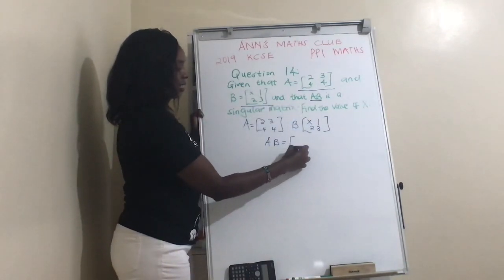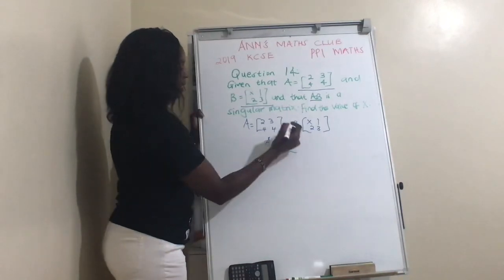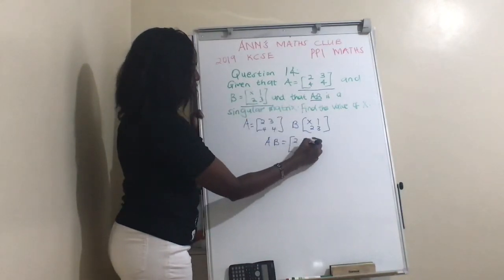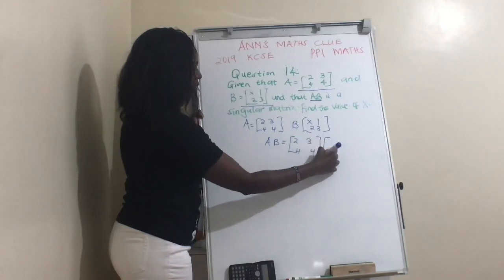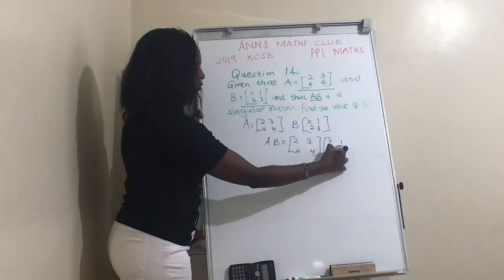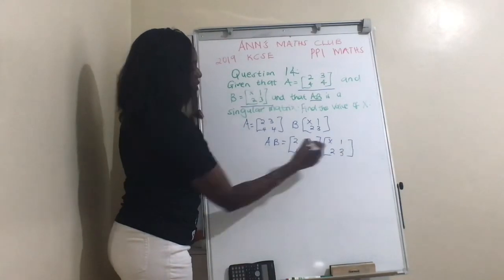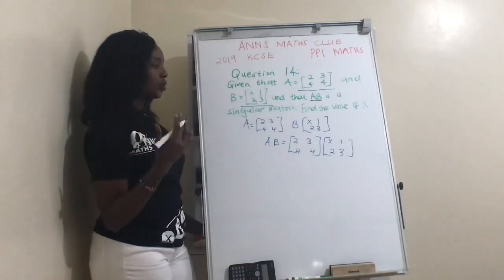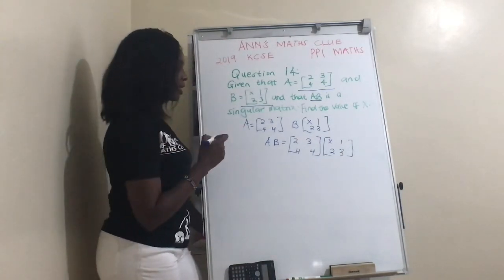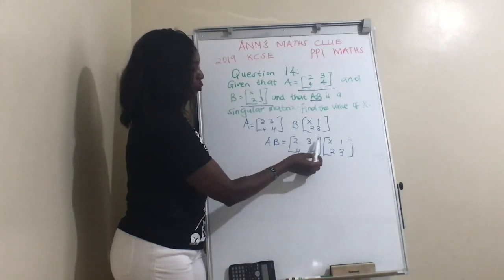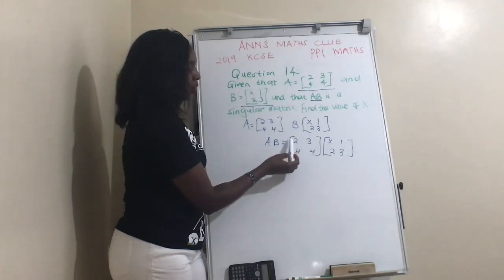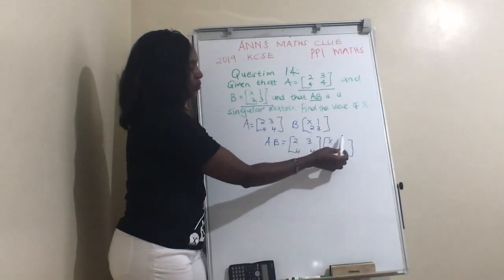When finding AB, you multiply. You're going to take 2, 3, 4, 4 times X, 1, 2, 3. What you need to know when multiplying matrices is that you normally take the row and multiply with the column. Row times column, row times column.